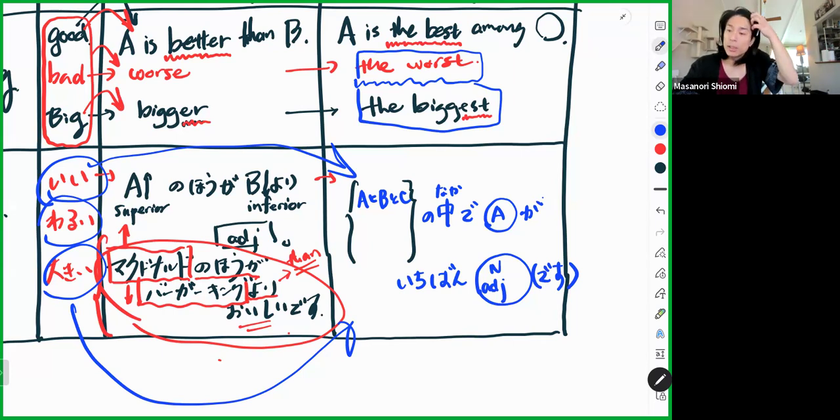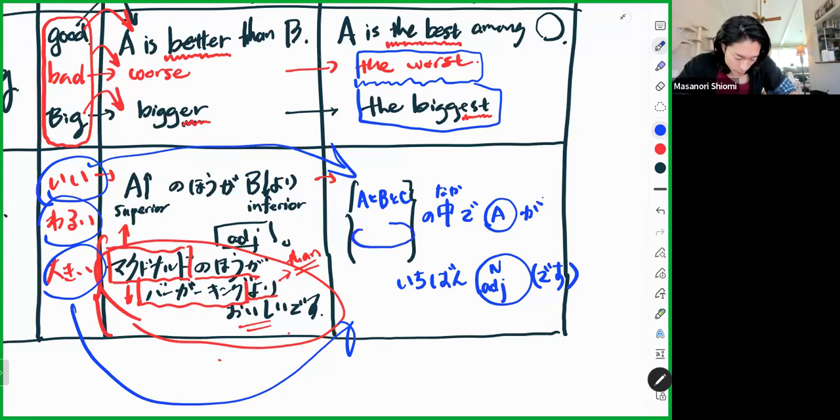This is when we are literally listing all the things that we are comparing. Among McDonald's, Burger King, Taco Bell, I like McDonald's the best, for example, right? What about earlier when I said among all the Pokemon, I like Pikachu the most or whatever, right?